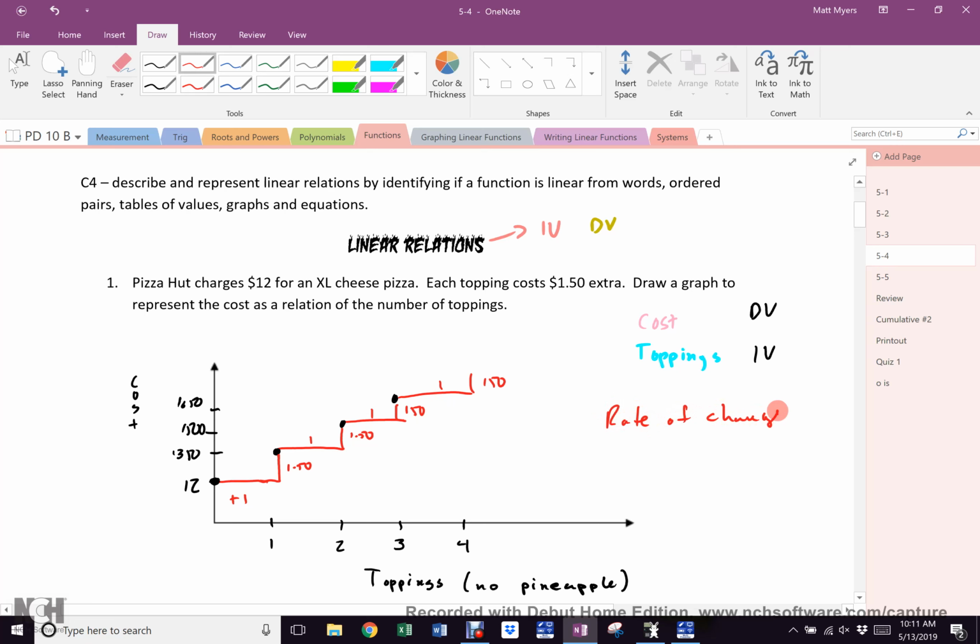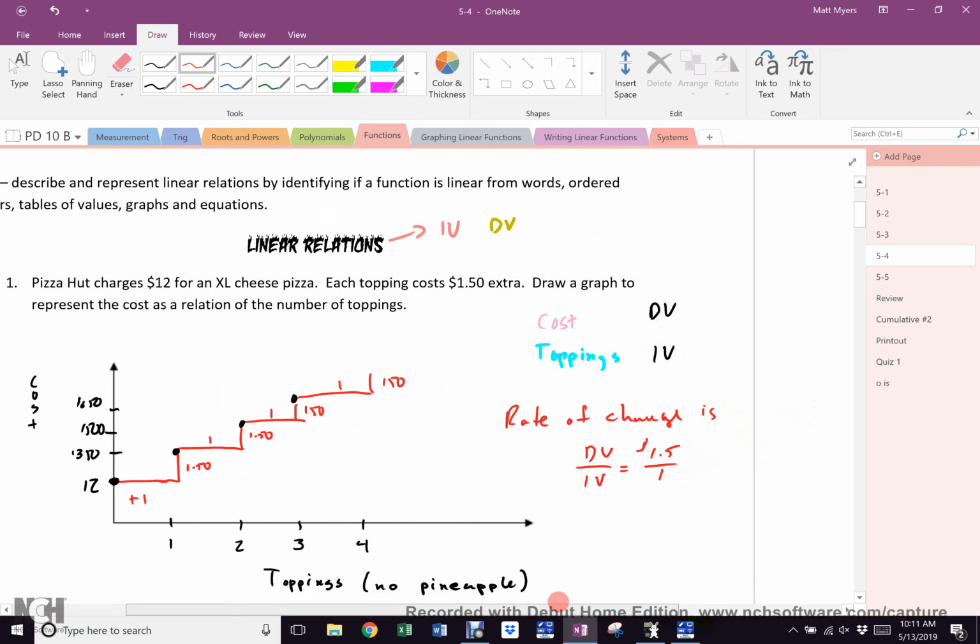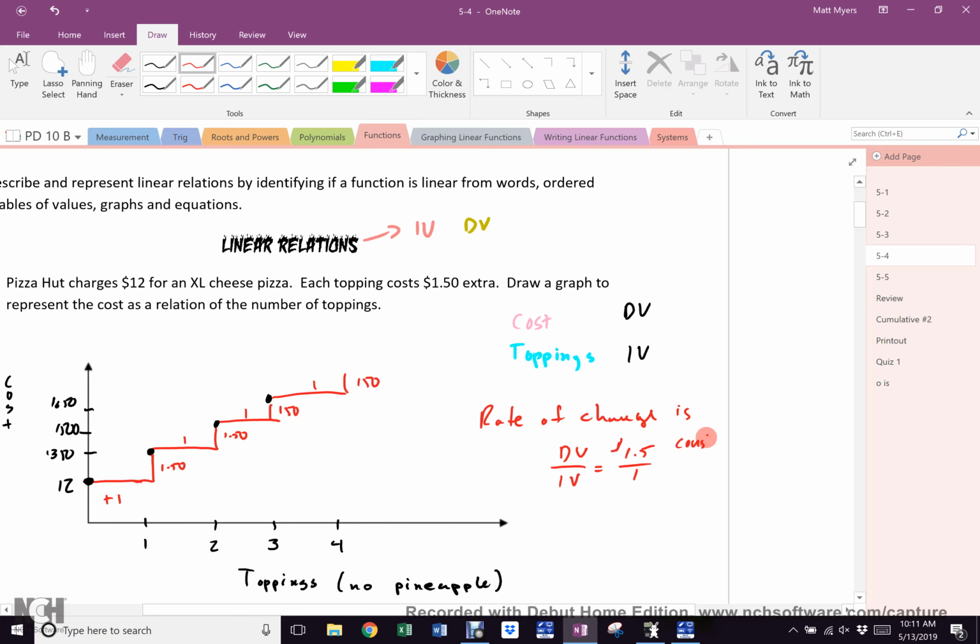Our rate of change here is always dV over IV, which is 1.5 over 1, which is $1.50 per 1 topping. Since our rate of change is constant, because it is always 1.5 to 1, we have a linear relation.